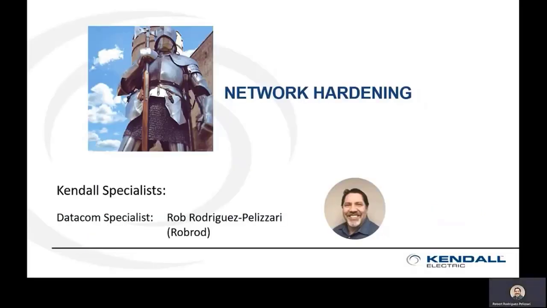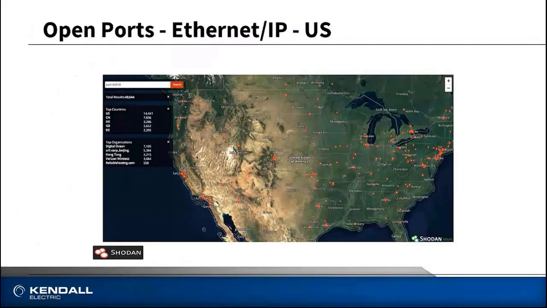Thank you, John. This is Rob Rodriguez-Pellizzari. I'm here to talk to you about network hardening today. This is a view from a program called Shodan, and it shows open ports on Ethernet IP addresses.